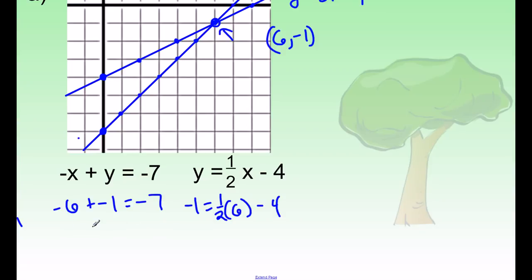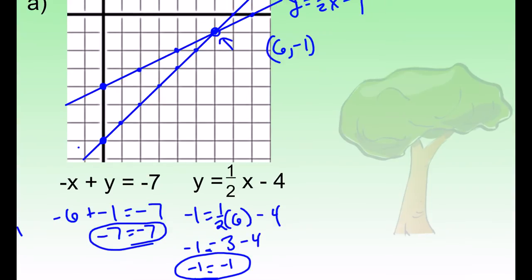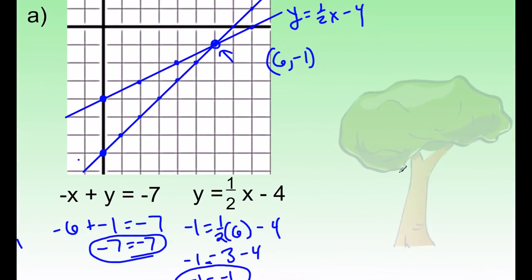The left side is easy because yes, -6 plus -1 is -7. So yay us, that is definitely true. The right equation is a little bit uglier. 1/2 of 6 is 3, and 3 minus 4 is -1. So that is also true. We found the point that makes both equations true. 6, -1 is our answer.